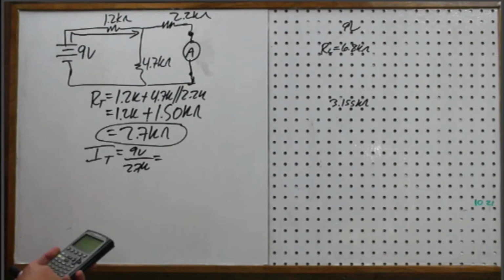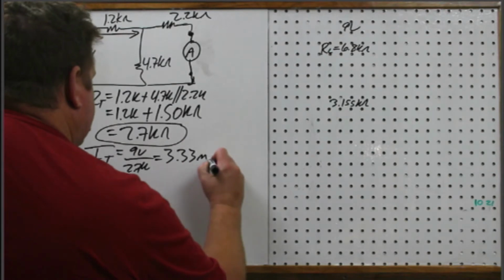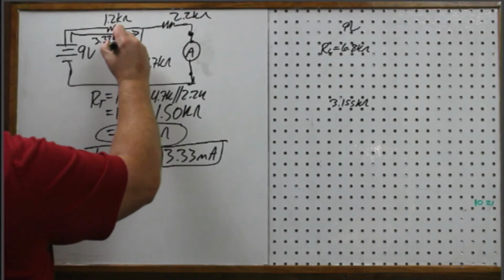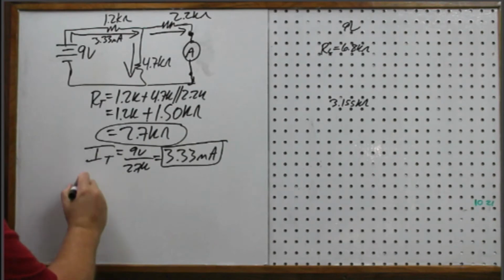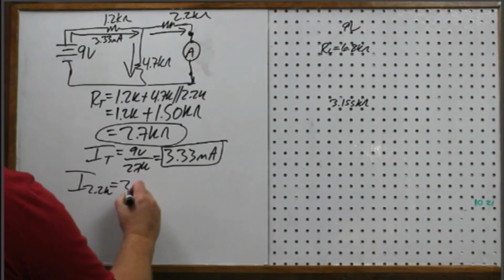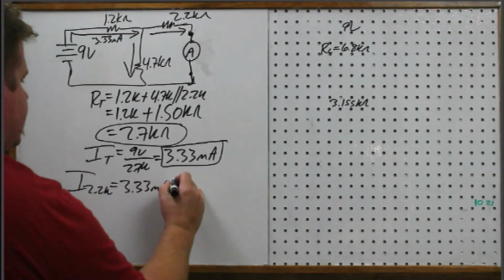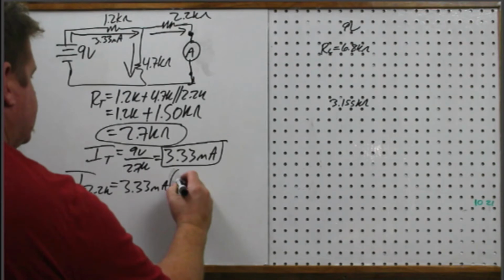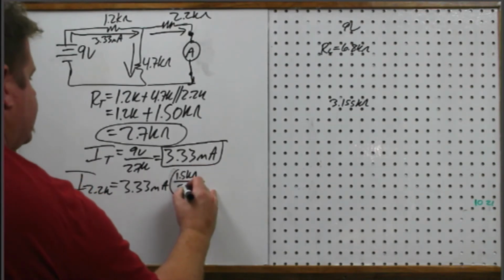So 9 divided by 2.7, 3.33 milliamps. And so now I know that breaks up into these two currents here. I just want to know what the current is through the 2.2K. And so that's going to be the current coming in, times, this is current division, times those two in parallel were 1.5K ohms over 2.2K.